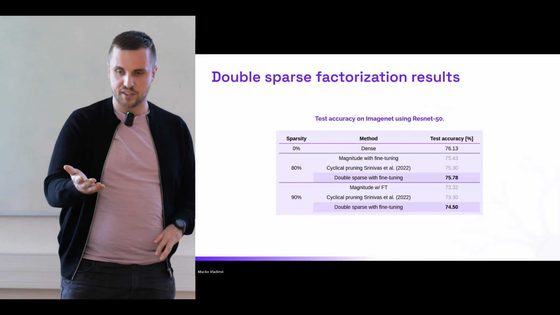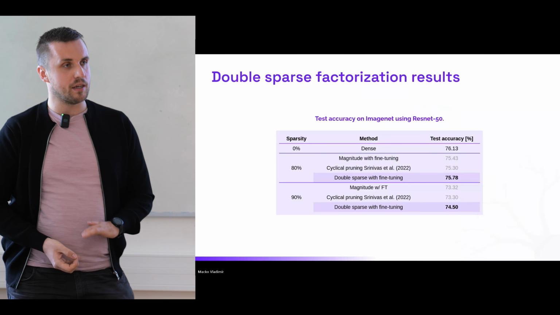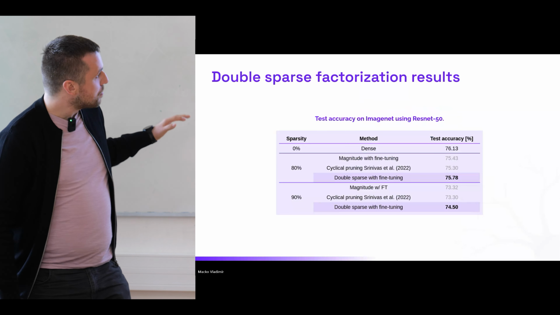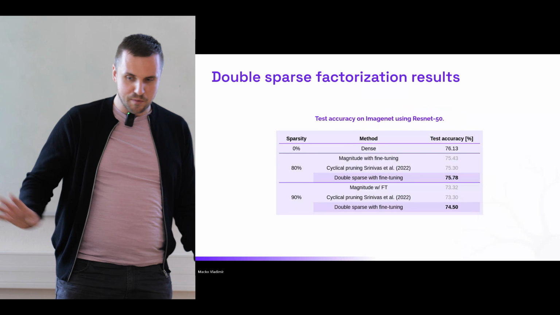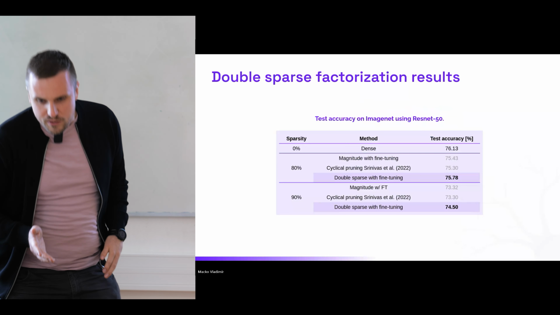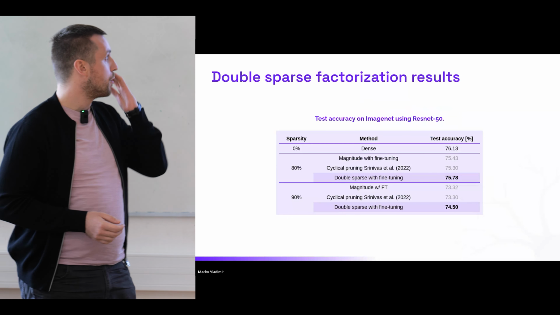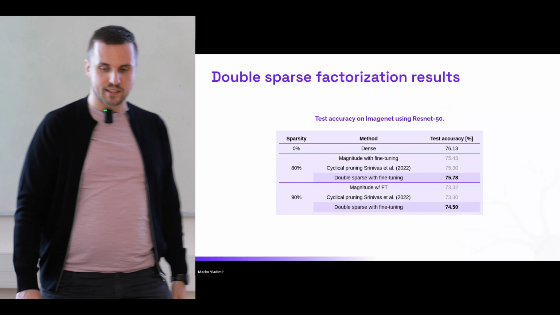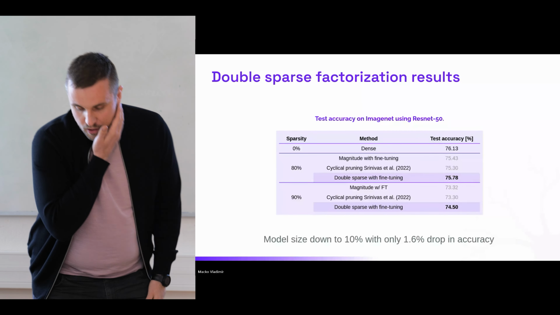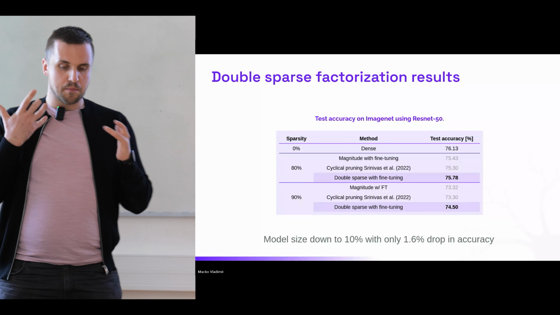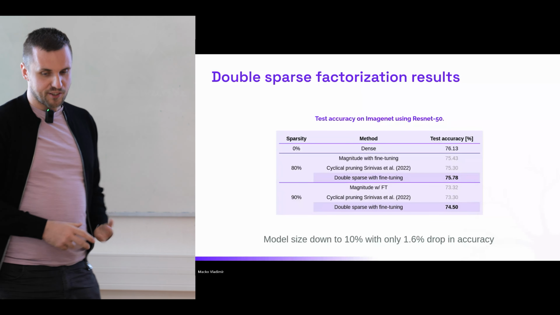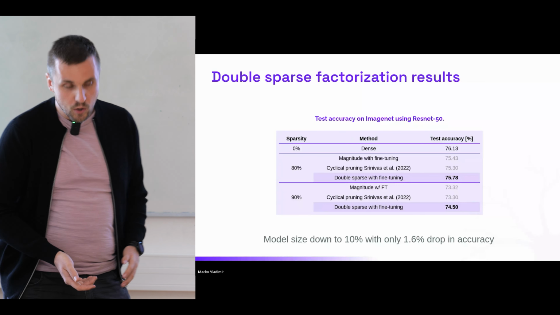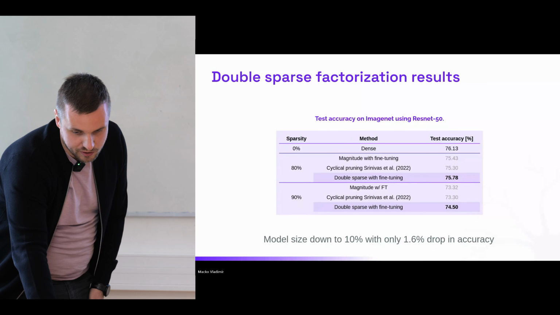So if you look at test accuracy on ImageNet using ResNet 50 as a baseline, we see that we can take all the way to 90% of the parameters of the model, throw them away, and only go from 76% accuracy to 74%, which is quite surprising, and it shows that some of the models are pretty bloated in a way. So as a takeaway, it turns out that you can take a model, reduce its size down to 10% of the original, and only have a 1.6% drop in accuracy, which can be very, very useful for some applications.